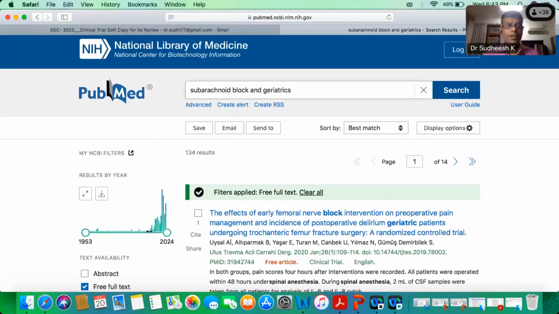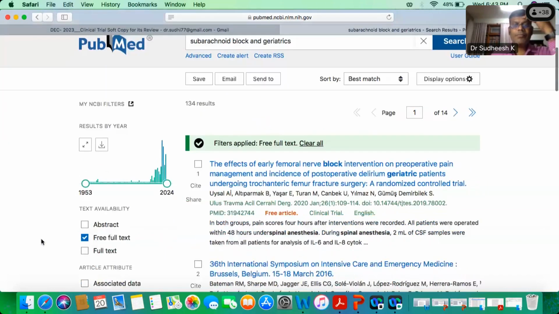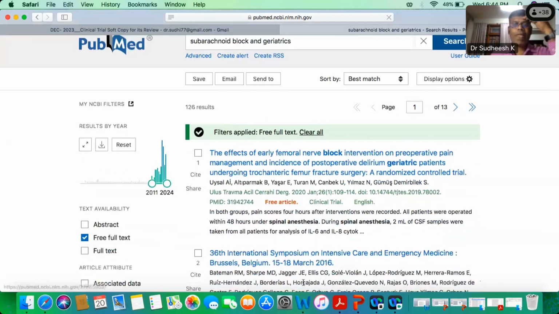Then if I reduce the time, say I want data only for the last 14, 15 years, I put that filter. It reduced from 134 to 126, and I have selected only free full text, so now I get only free full articles. Here: geriatric patient, subarachnoid block.